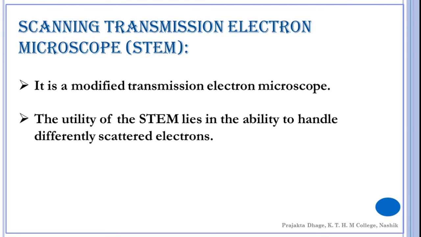Thus the image formed is free of blurring, and it also provides a clear image even of thick specimens. Now this microscope provides a picture of better contrast with the use of electronic means. Those materials which are almost transparent in a transmission electron microscope show good contrast in STEM, or scanning transmission electron microscope.